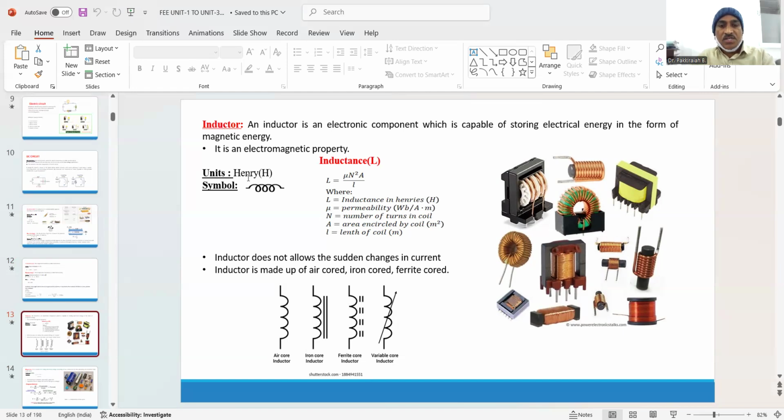Its unit is measured in Henry, and the symbol is represented likewise, as a wound coil. Some of the representations for inductors are shown here. Different types of inductors we use in circuits and other applications are represented here.